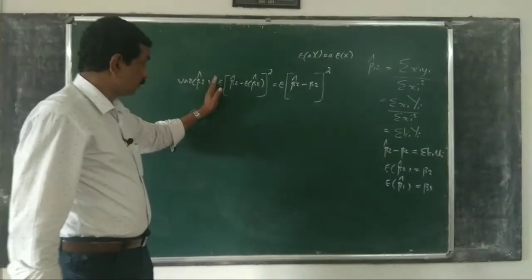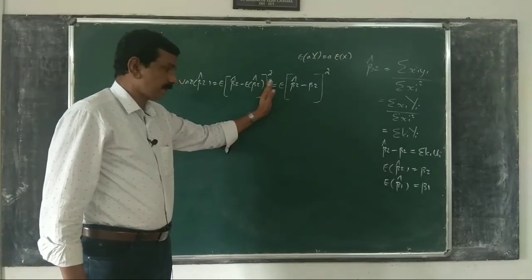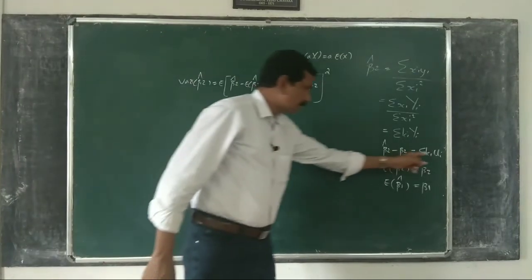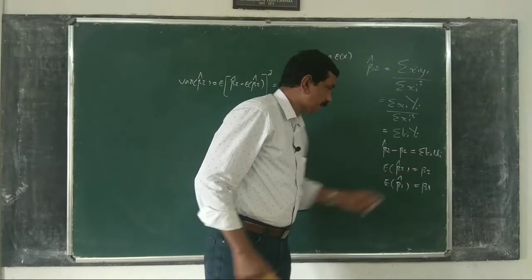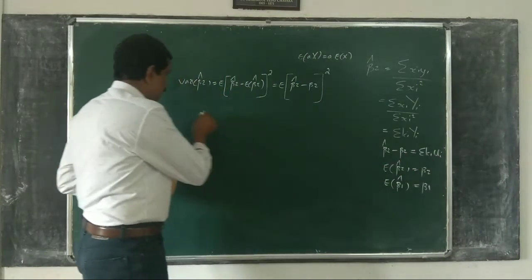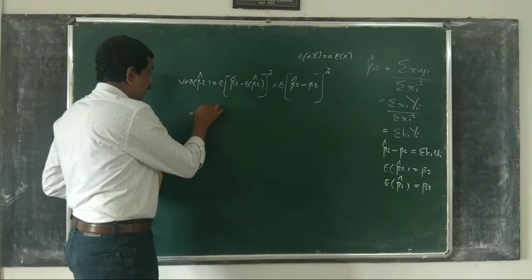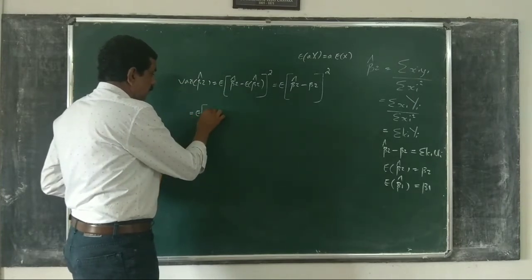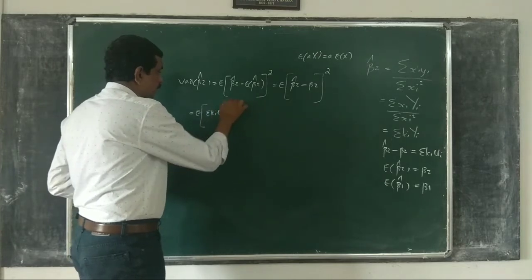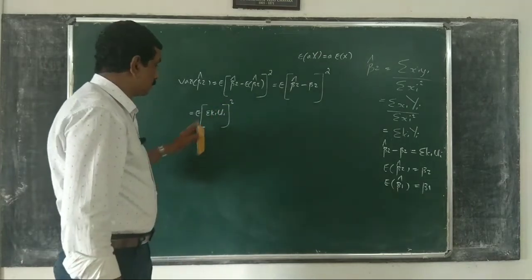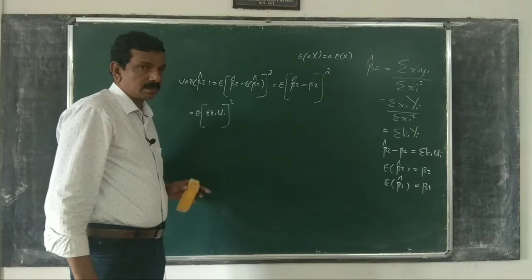Remember, this is the standard formula for variance. And we have already written that beta 2 hat minus beta 2 is sigma ki ui. So this is written as expected value of sigma ki ui the whole square.